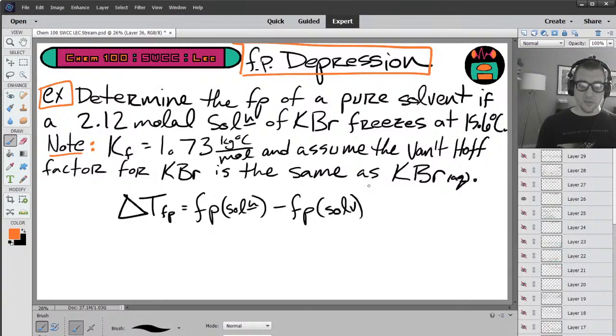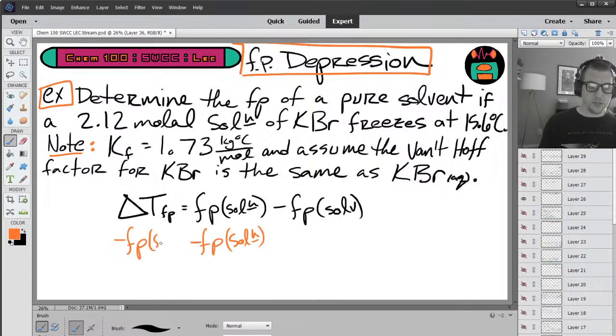First thing we got to do is we need to isolate the freezing point of the solvent on one side of our equation. So we need to subtract the freezing point of solution from both sides.